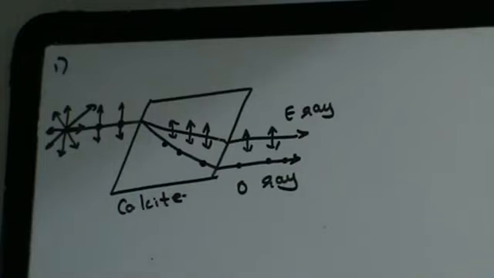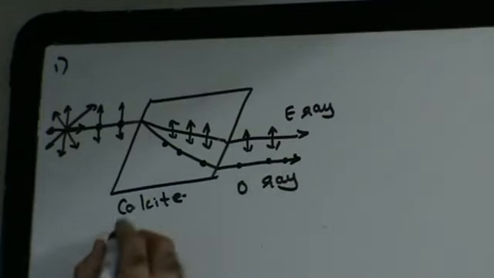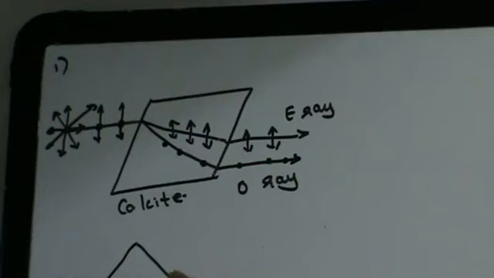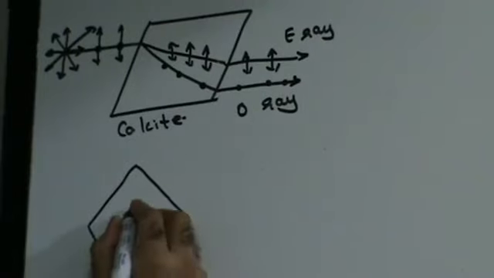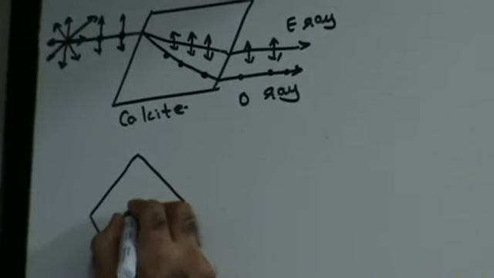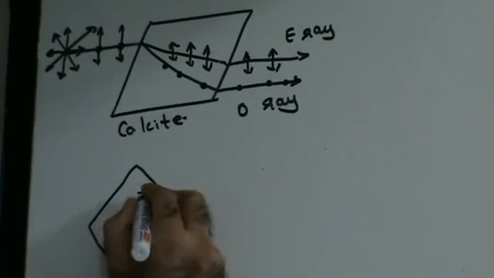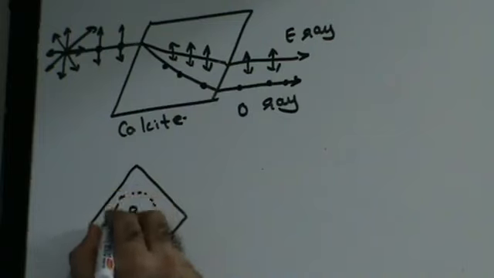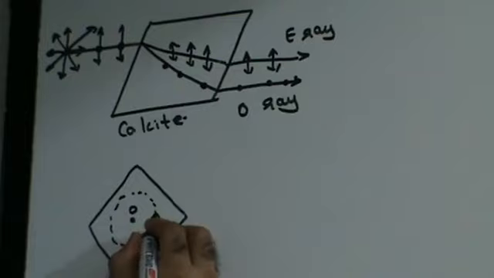Now let us try to see the front view of the rays. This was a cross section I'm showing you. This is how I'm sending light and this is how they are splitting. Now let's see the front view. If I see from that side, how will it appear? This is going to be my calcite crystal, and I would have the O ray in the center, and the E ray rotating in a circle around the center as your angle of incidence changes.